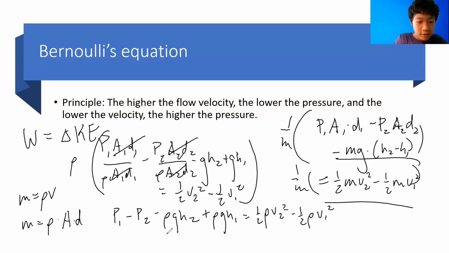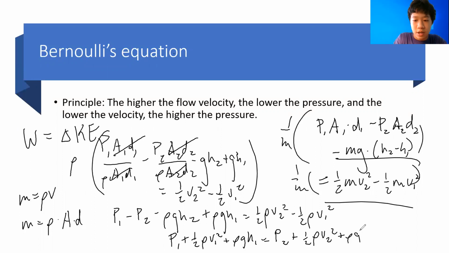Okay, so rearranging, we get P1 plus 1/2 rho v1 squared plus rho g h1 equals P2 plus 1/2 rho v2 squared plus rho g h2. And this is Bernoulli's equation.